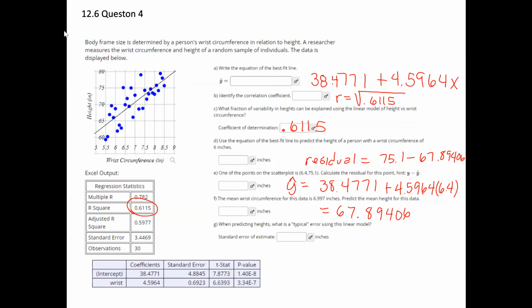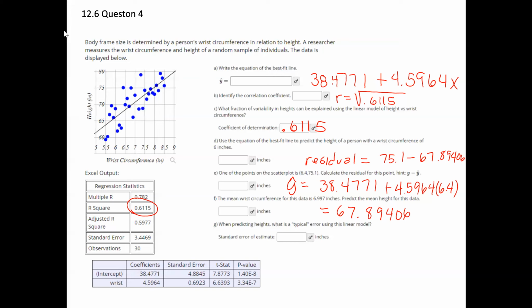Y is the actual data value: someone's wrist was 6.4 inches in circumference and their height was 75.1 inches. Your line predicts that someone with a 6.4 inch wrist should be 67.9 inches tall. The difference is the residual: the data minus what you predict using the linear regression line.